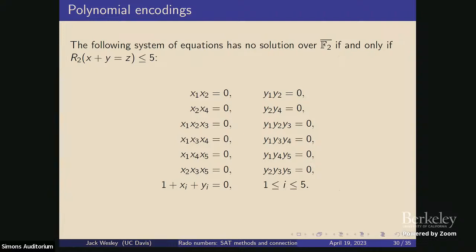And again, as a simple example, you can do this with the Schur equation, 2 colors and 5 integers. I'm using x and y for clarity instead of 2 subscripts. But this system of equations will have no solution.